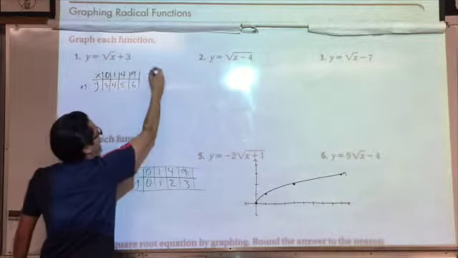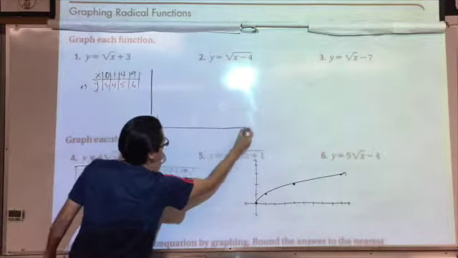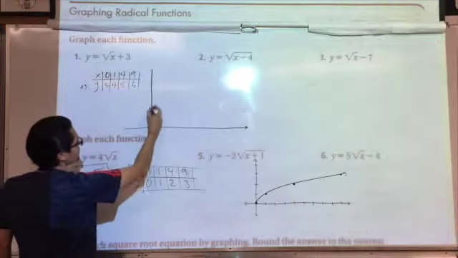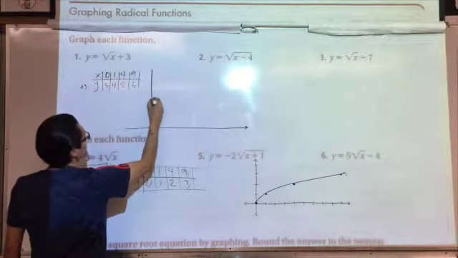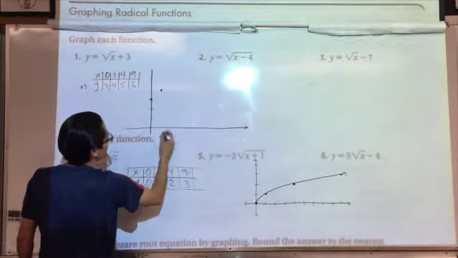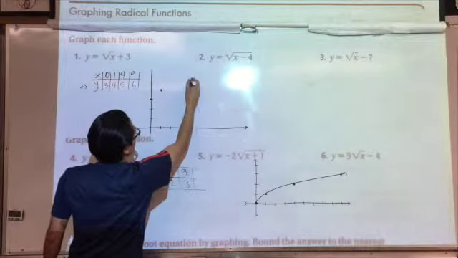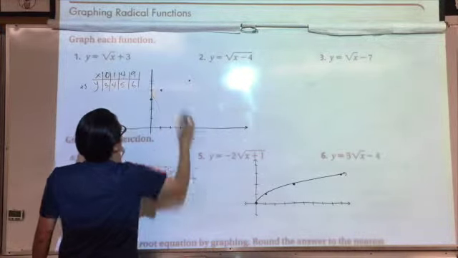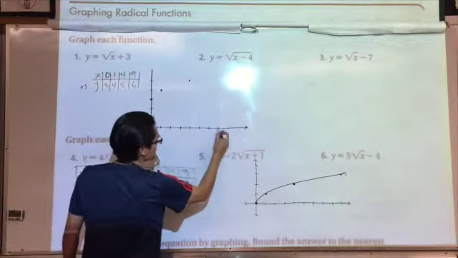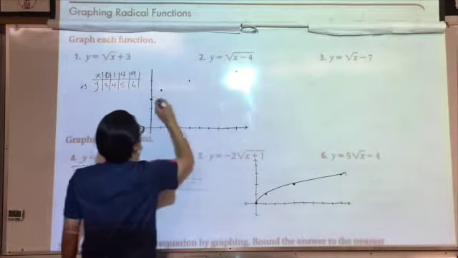Okay, so I'm going to draw it here. Hope it fits. Like that. I'm going to have to erase it when I do that one. It's going to be 0, 3; 1, 4; 4, 5; and 9, 6.